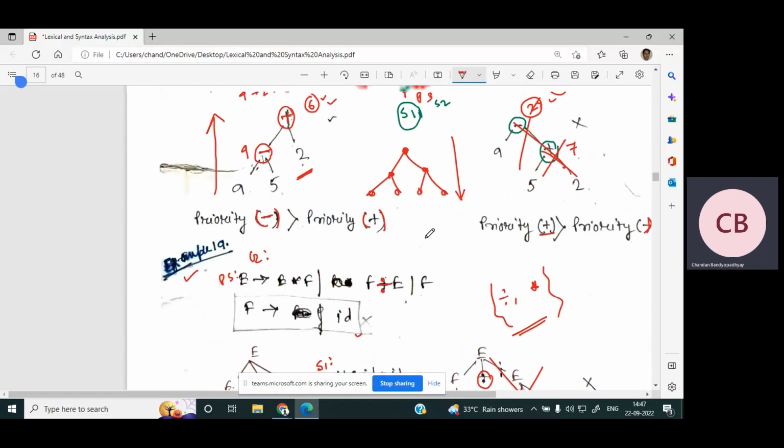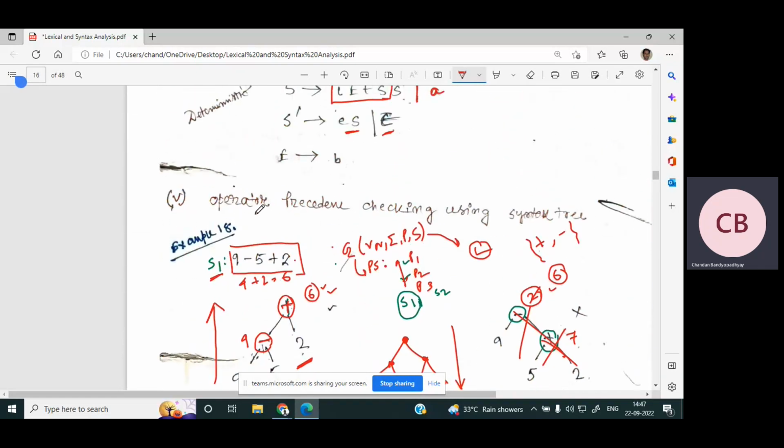Now we are talking about the operator, correct? One property we have seen, the precedence of the operator. So we know whether plus has higher precedence or asterisk has higher precedence. We know that plus has lower precedence than asterisk, correct? These are not our assumption.